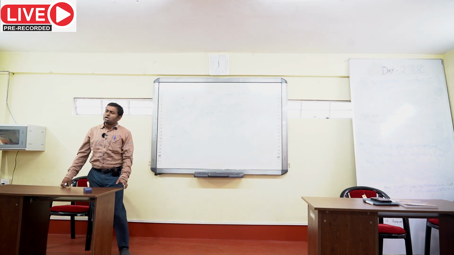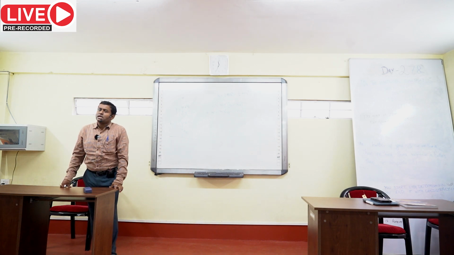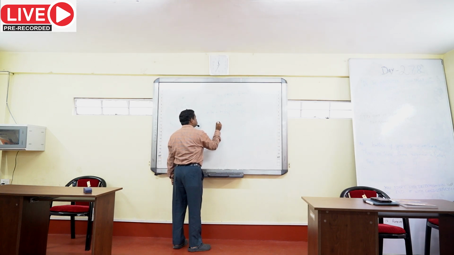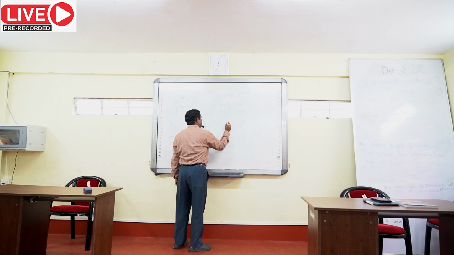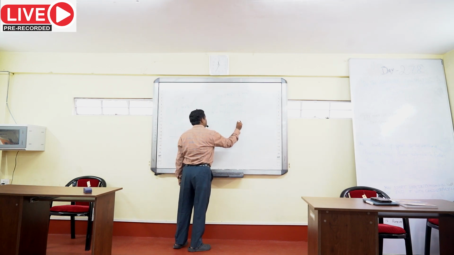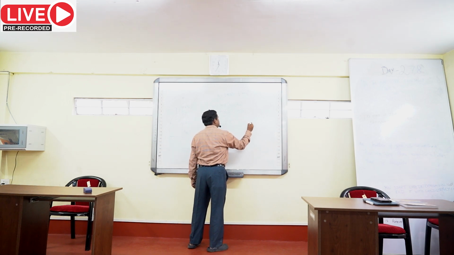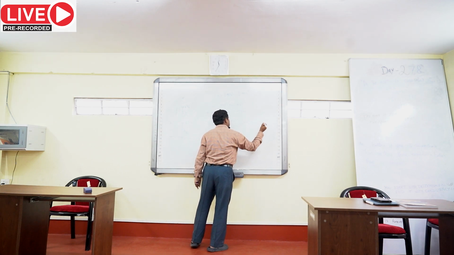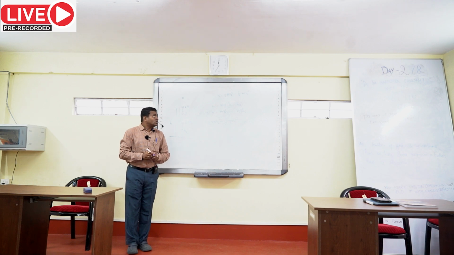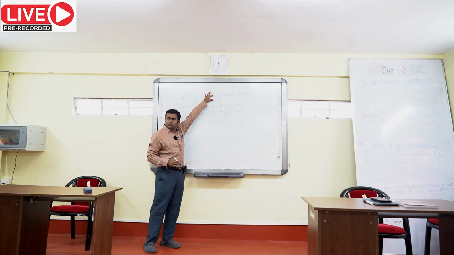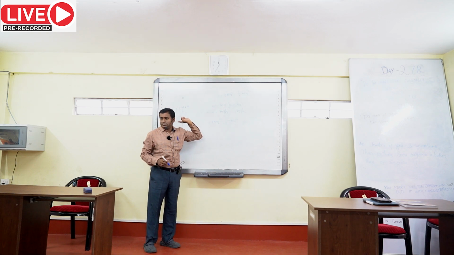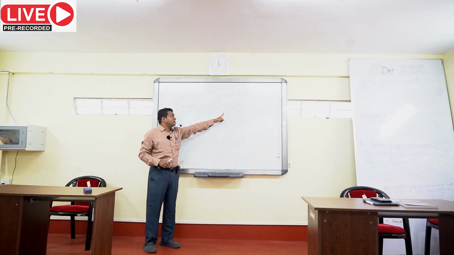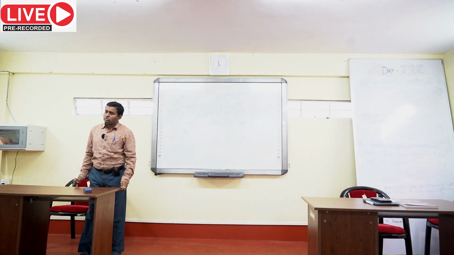But both are the expression for work done, so I can equate it and write half m v2 square minus half m v1 square is equal to mg h1 minus mg h2, because this is the expression for W, that is also the expression for W.